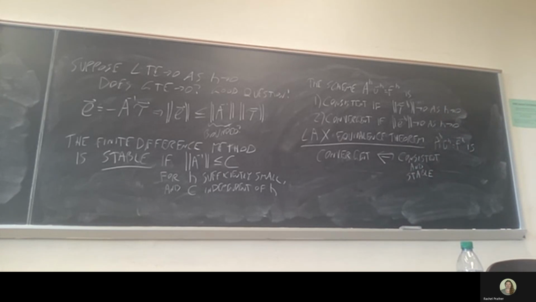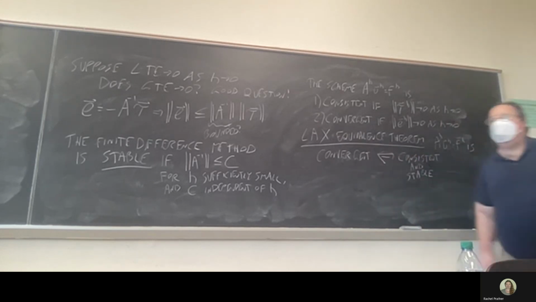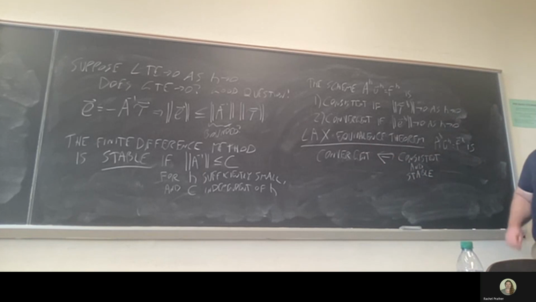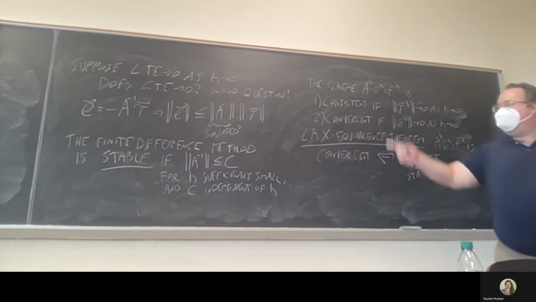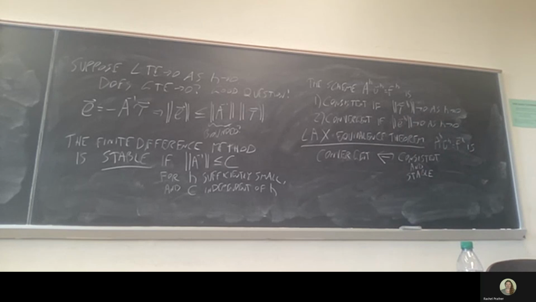I've already shown you one direction, that if the scheme is consistent and stable, it is convergent, and we just use these properties and norms to see it that way. The other direction I won't get into, that's certainly going to be more difficult.